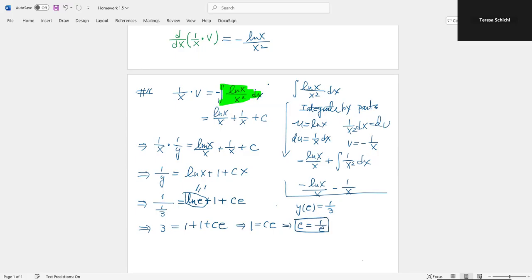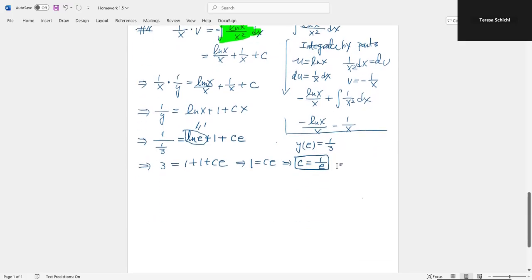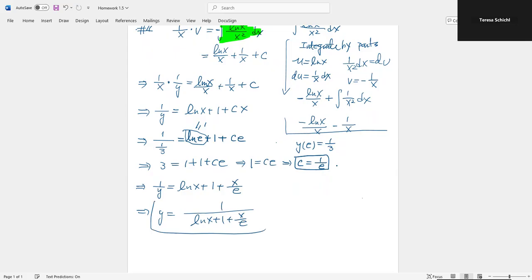So finally, I got my answer here: 1 over y is equal to ln x plus 1 plus x over e. Now you can flip it, so y is equal to 1 over the quantity ln x plus 1 plus x over e.